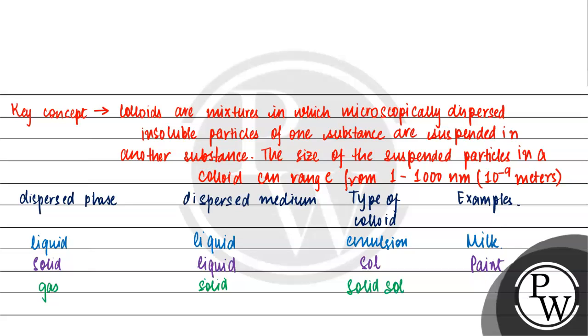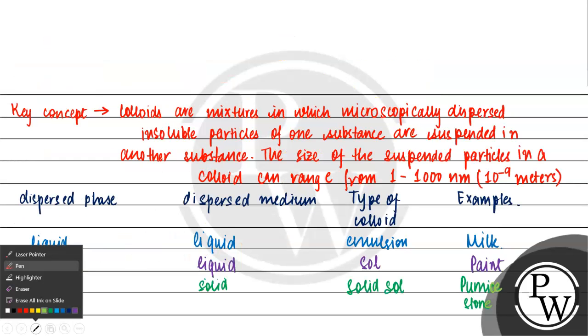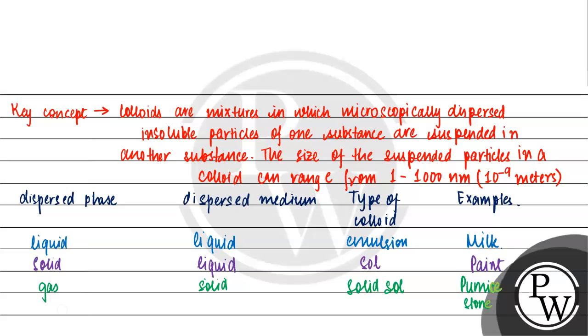And if we look into the example of solid sol, it is pumice stone. Now if we look into the last option, we are given dispersion of liquid in solid. If we talk about liquid in solid, it forms a gel, and for gel, I am writing it over here, butter is the example of liquid in solid.